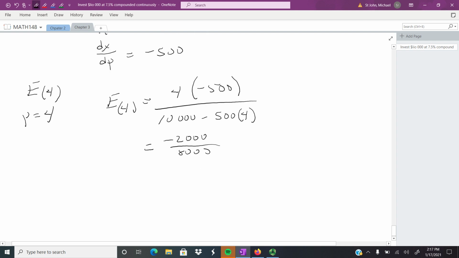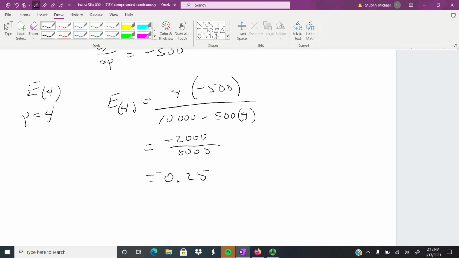So this is going to give us a 0.25. And actually I think that should be a negative in there. That should be a positive number.